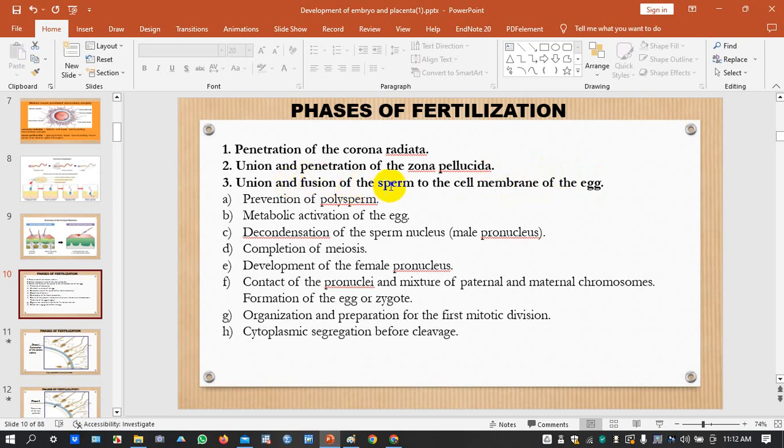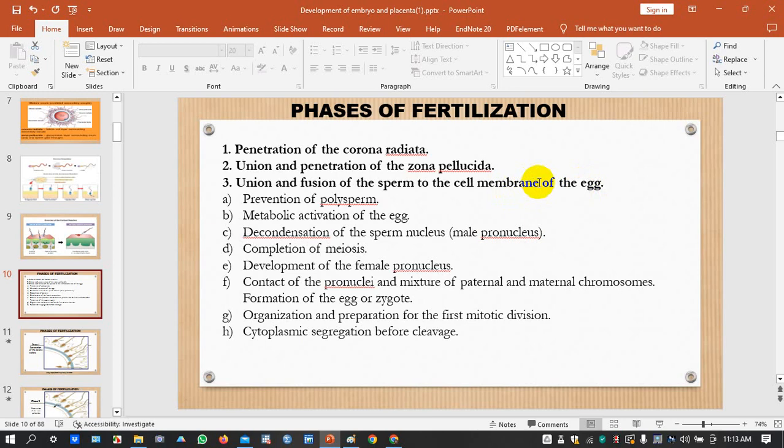The sperm has to swim. After swimming into the ampullar region of the uterine tube or the fallopian tube, it now has to enter the zona pellucida, enter the perivitelline space, enter the plasma membrane of the egg, then enter the cytoplasm.